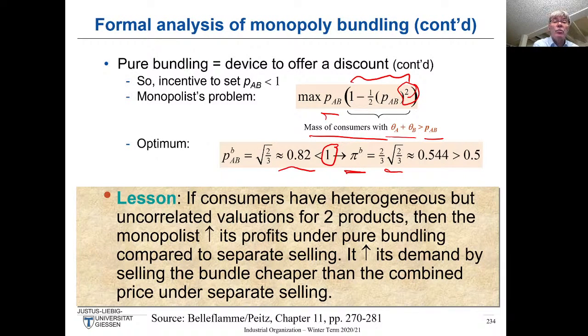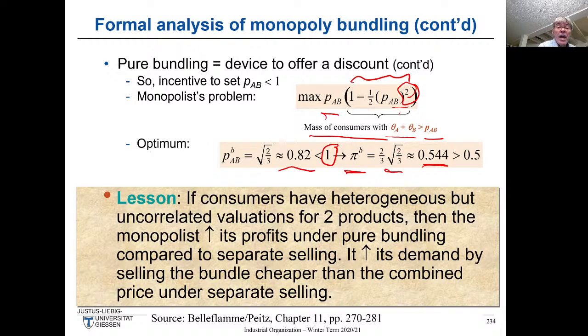You know the price, you just substitute that here, and you get a profit of 0.544, which is an almost 10% increase in profit. Okay, that sounds like a rather good thing, if by a certain pricing or bundling strategy you get a 10% increase in profit.